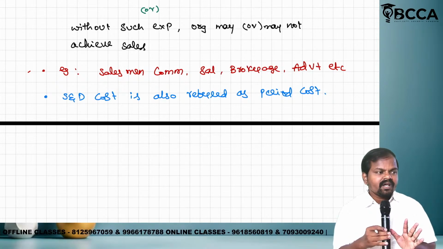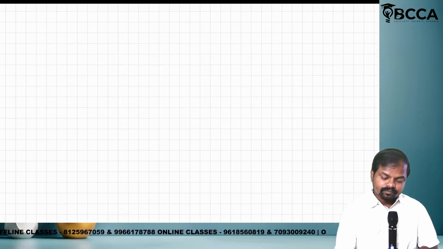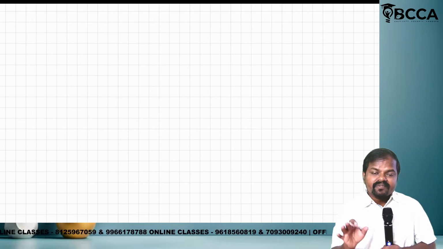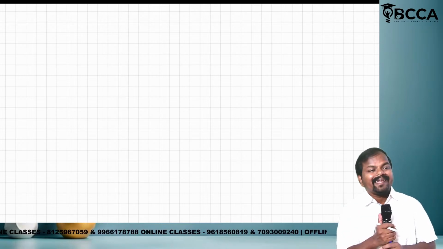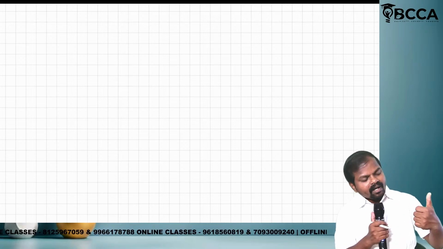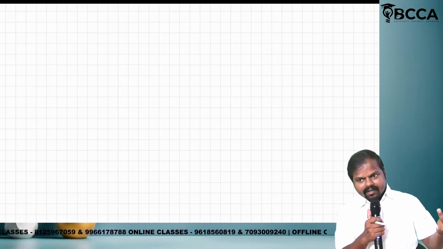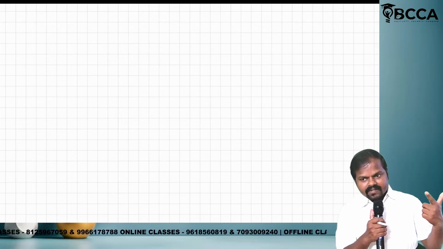No confusion? Excellent. Now, up to now, cost classification on the basis of computation of profit and valuation of closing stock, we discussed expired cost, unexpired cost, product cost, period cost, manufacturing cost, administration cost, S&D cost.